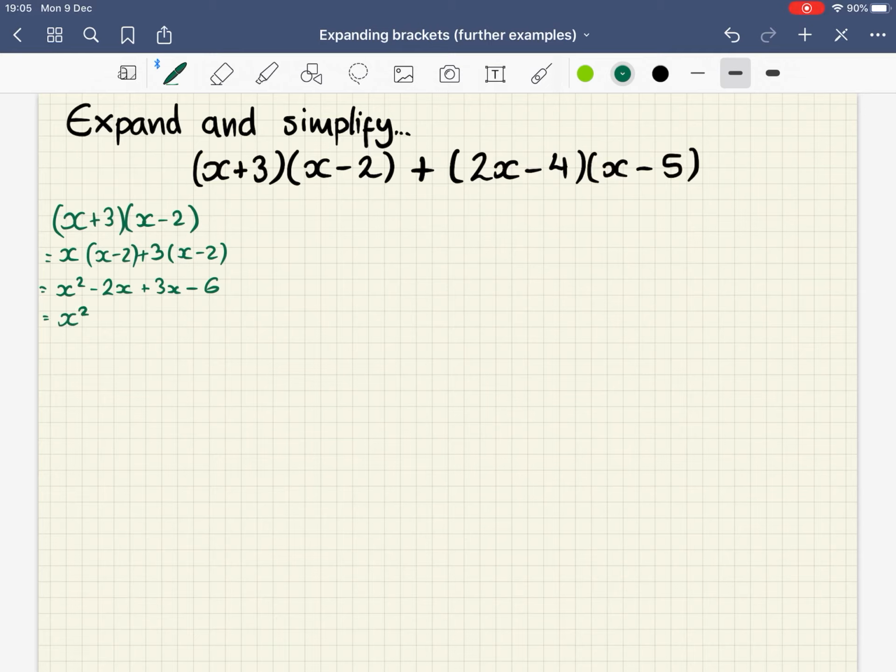So that's going to be minus 2, add 3, that's going to be plus x, negative 6. And expanding the other one as well. So that's that 2x minus 4 and x minus 5. Splitting up that first bracket.